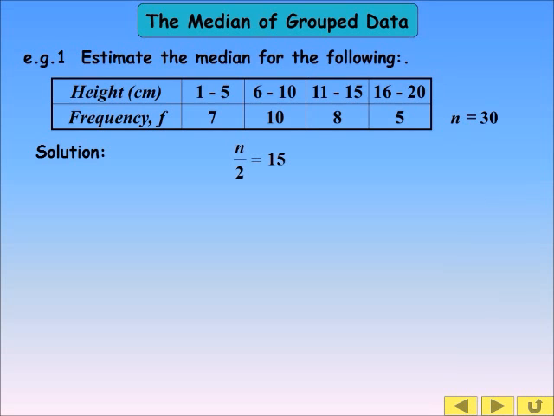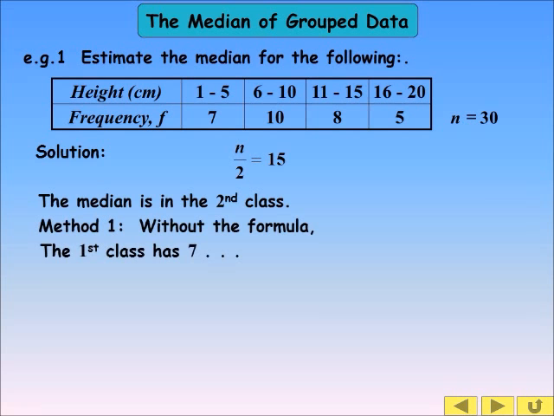When you divide it by 2, you get 15. So 15 is here, where is the median? Now you write your formula, and the first class has 7.